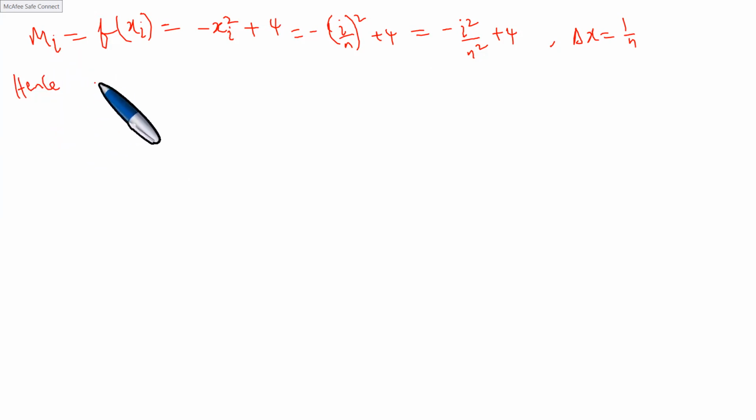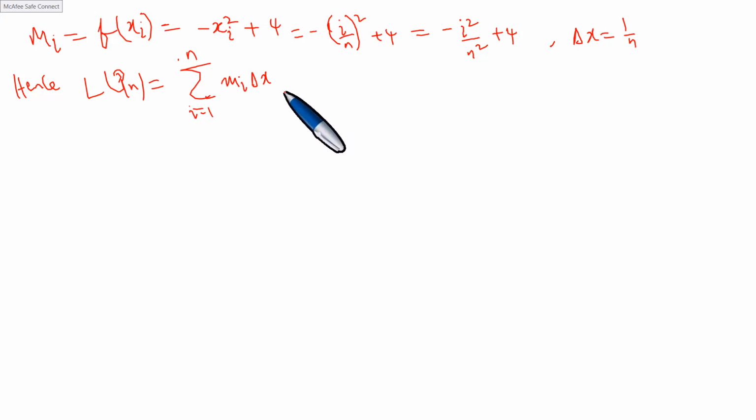Hence the small m_i for the LPN is a summation of small m_i delta x from i equals 1 to n.